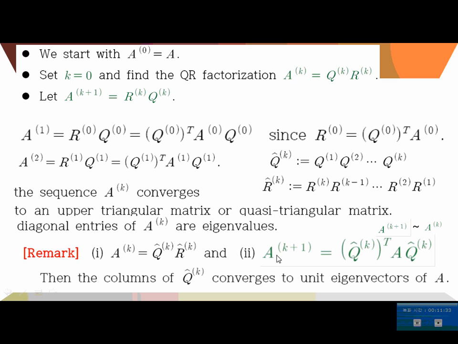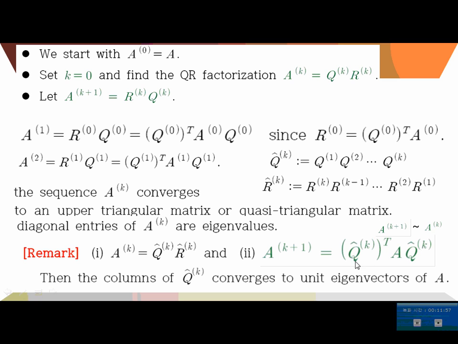Then at the end we have A_{k+1} equal to Q hat_k transpose times A times Q hat_k, like this.